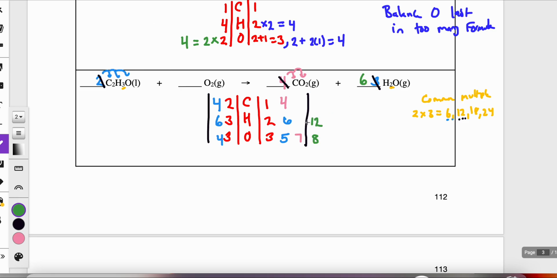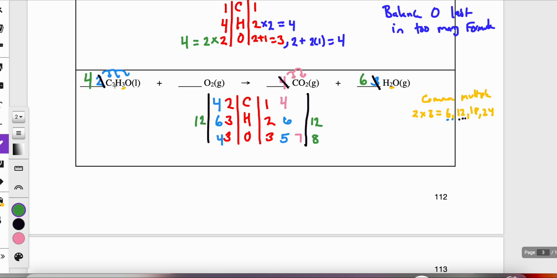But now I'm focusing on hydrogen. I have 12 hydrogens total on the right. And right now I only have 3 because of the subscript on the left. So what do I put out in front of here to make this count of 3 to jump to 12? So I put a coefficient of 4 here. So that 4 times the 3 makes my hydrogen count 12. But that 4 also affects the carbon and oxygen counts.